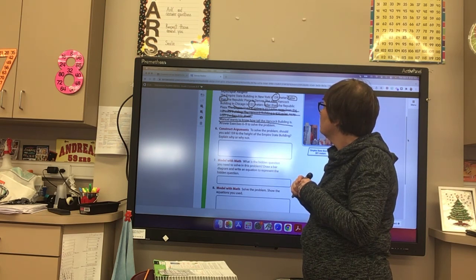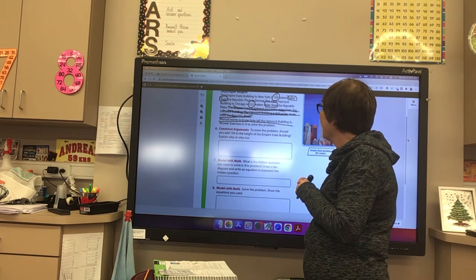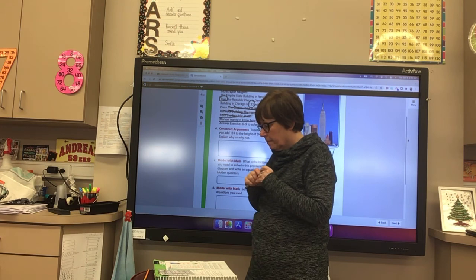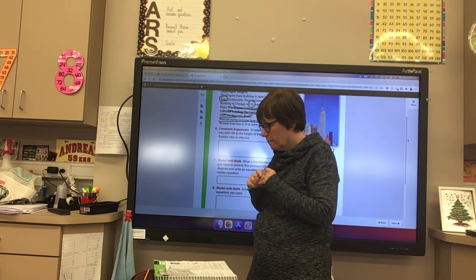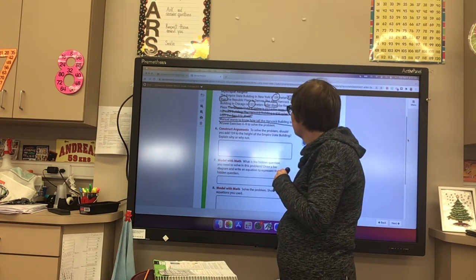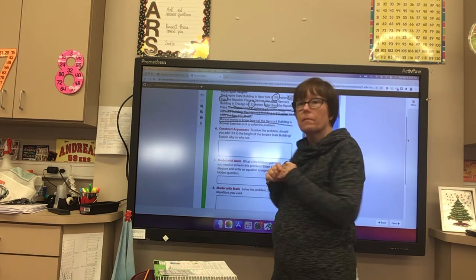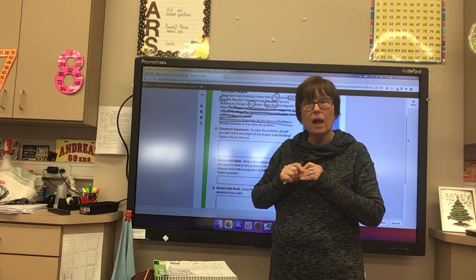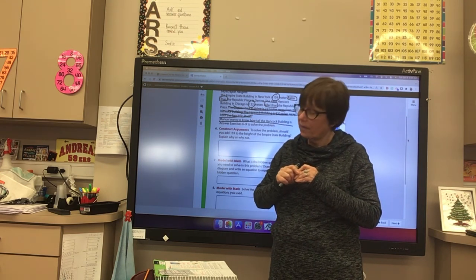The John Hancock Building in Chicago is 122 meters taller than the Republic Plaza. Would we do that? What do you think, boys and girls? I hope you're saying no, we should not.